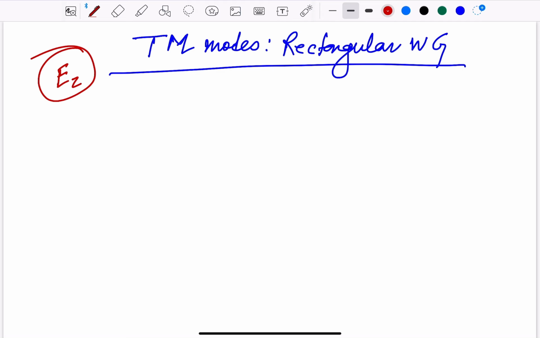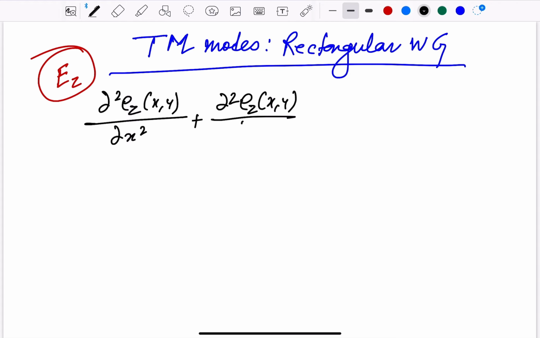Let us write down the equation once again: del square Ez(x,y) over del x square plus del square Ez(x,y) over del y square plus kc square Ez(x,y) is equal to 0.